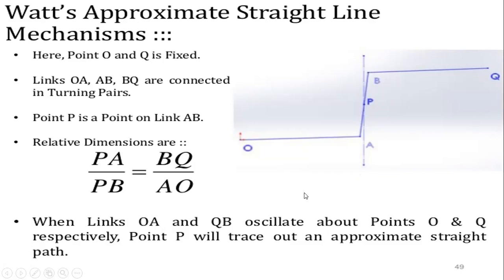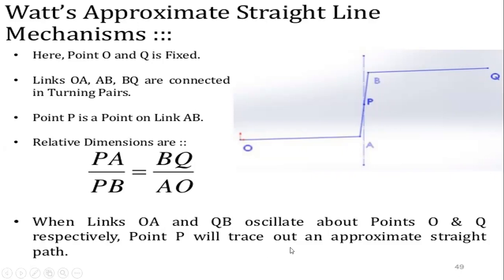So the relative dimensions are PA by PB is equal to BQ by OA. So this is the same condition where links OA and QB oscillate about points O and Q respectively.